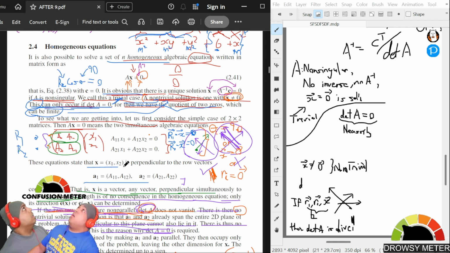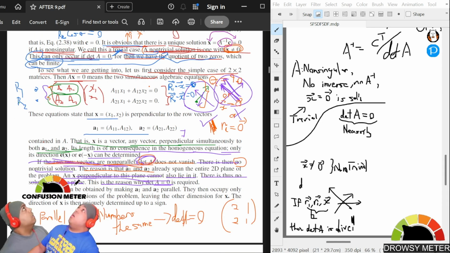Its length is of no consequence; only the direction can be determined. If the two row vectors are non-parallel, like this would be non-parallel, the determinant of A does not vanish. There is then no non-trivial solution. Parallel.